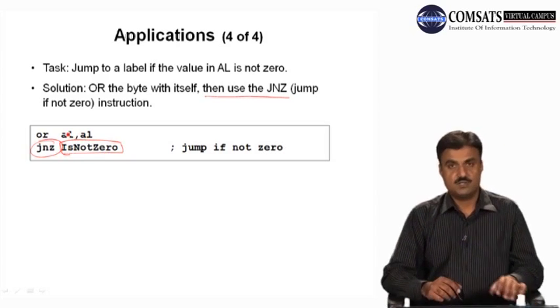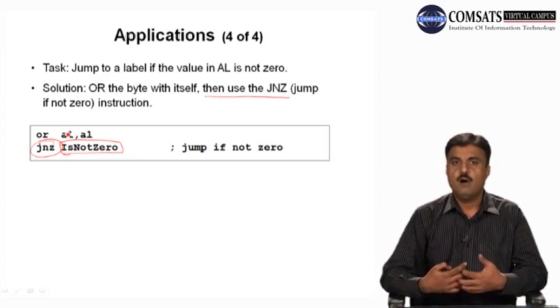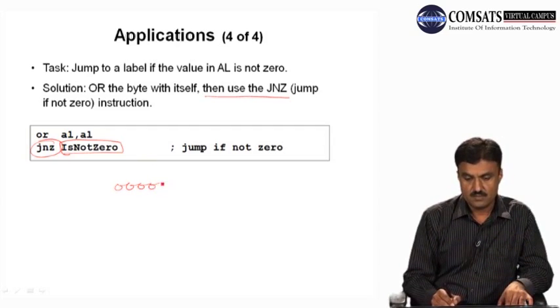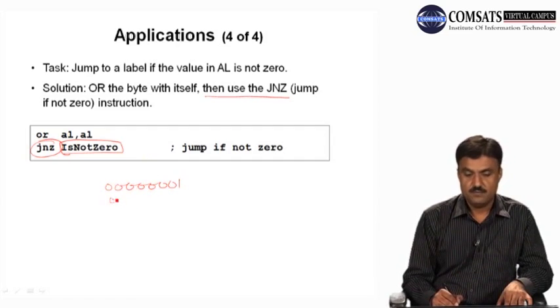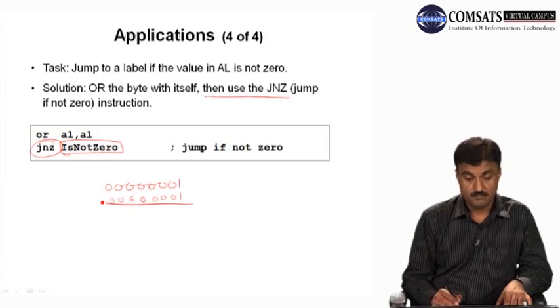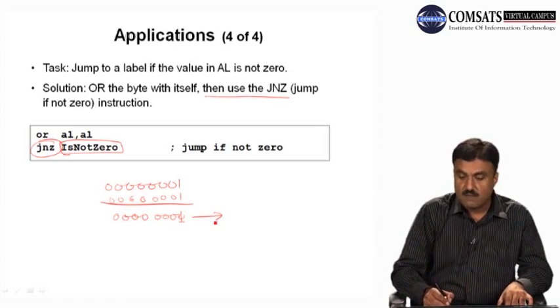Now what about the OR instruction? If you perform OR with itself, for example, a value with zeros and a 1 and so on, the result will be the same value. So AL will be assigned the same value.